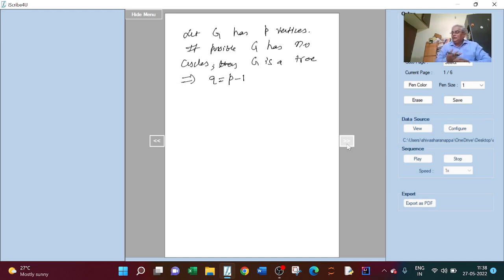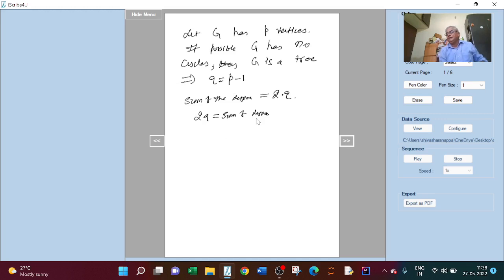Now in this graph G, the sum of the degrees is equal to twice the number of edges, or we write 2 into Q is equal to the sum of the degrees. But G has P vertices and the degree of each vertex is at least 2.